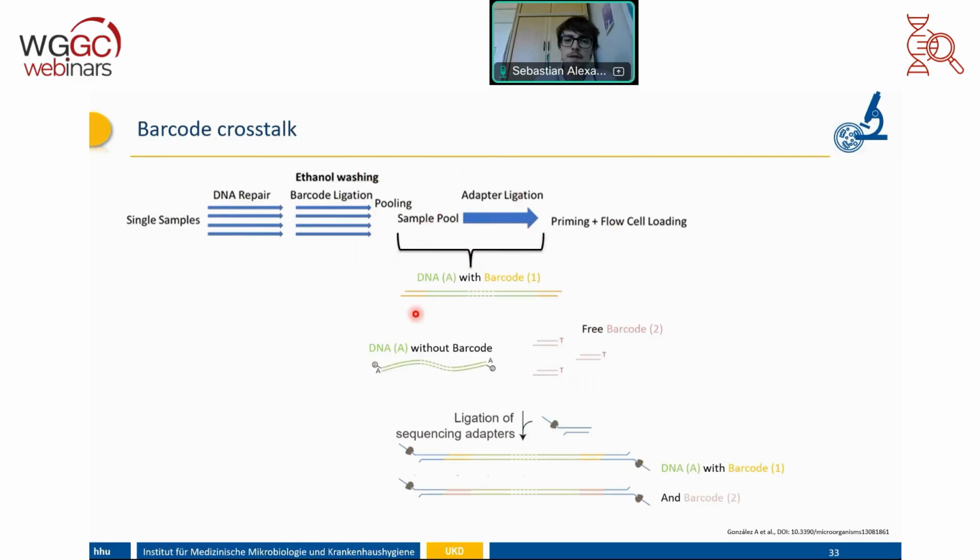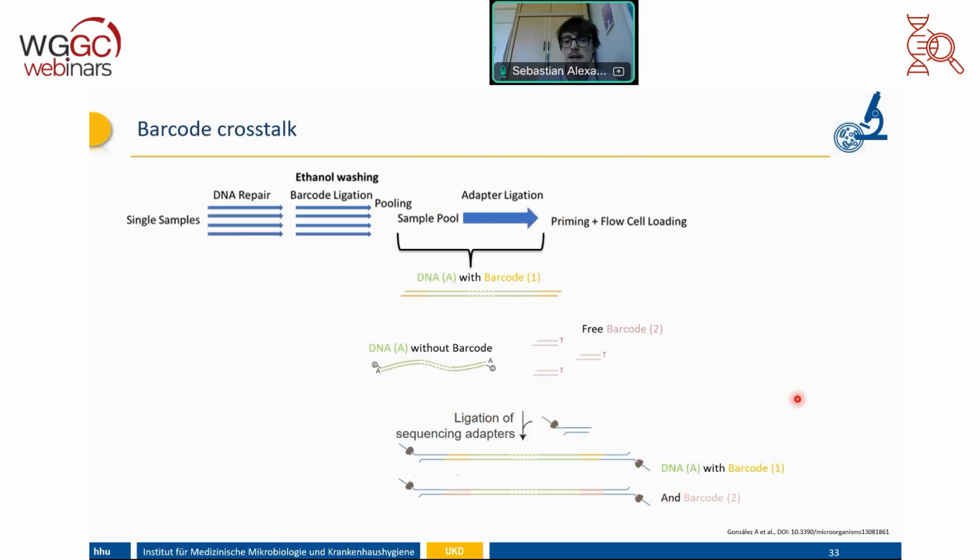And normally you have this DNA-A with its correct barcode 1 at this step. But you can also have DNA-A without barcode 1 and also free barcode 2 from another sample. And because this is an enzymatic step, during the ligation of the sequencing adapter, it could happen that DNA-A with barcode 1 gets the adapter, but also barcode 2 is ligated to the DNA with the adapter, and then you have the wrong barcode ligated to the DNA.